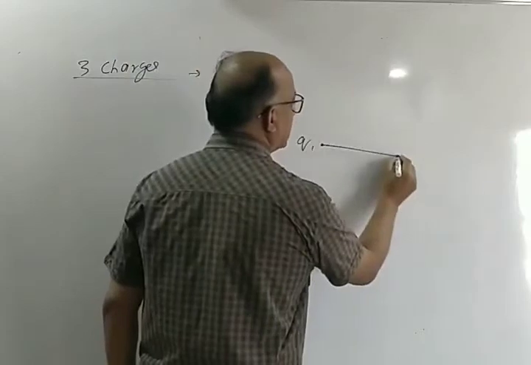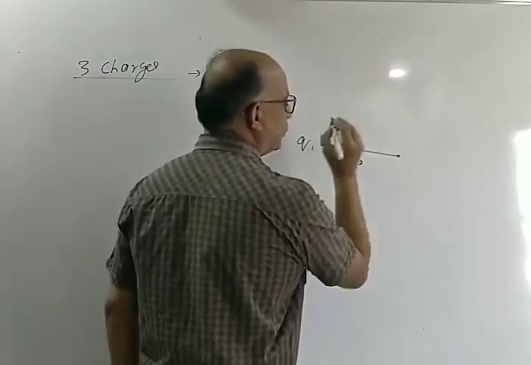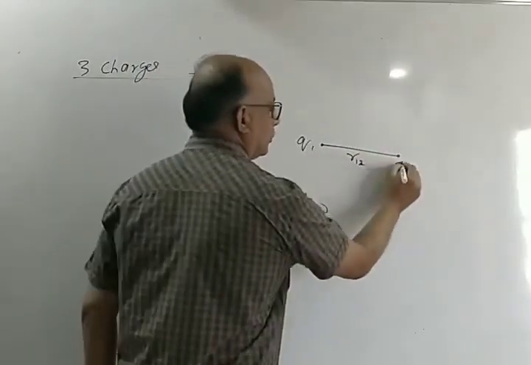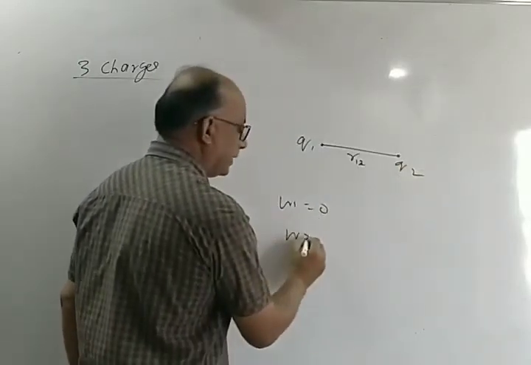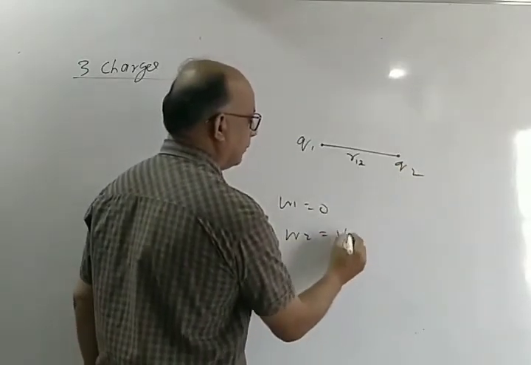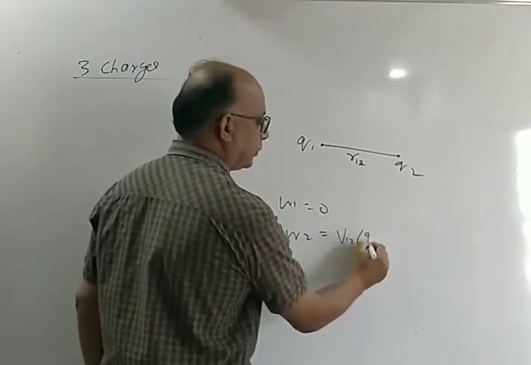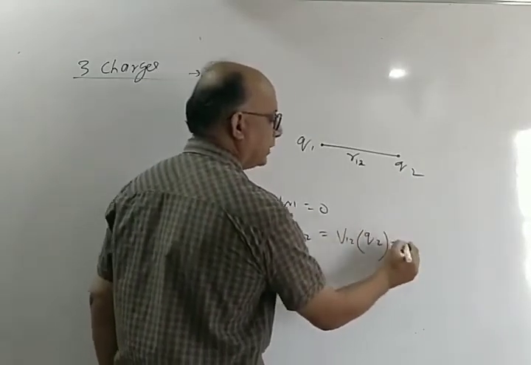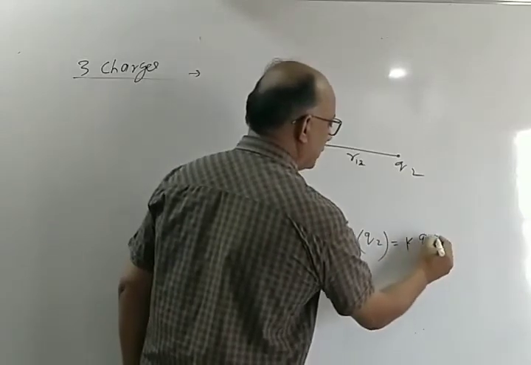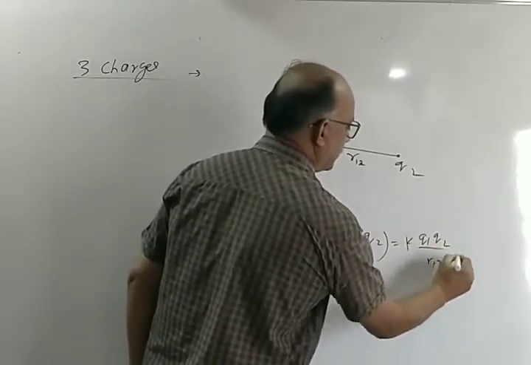The second charge is brought at a distance R12 from Q1. So work will be done, that is, the potential U2 due to the first charge into Q2. And this will be K Q1 Q2 by R12.